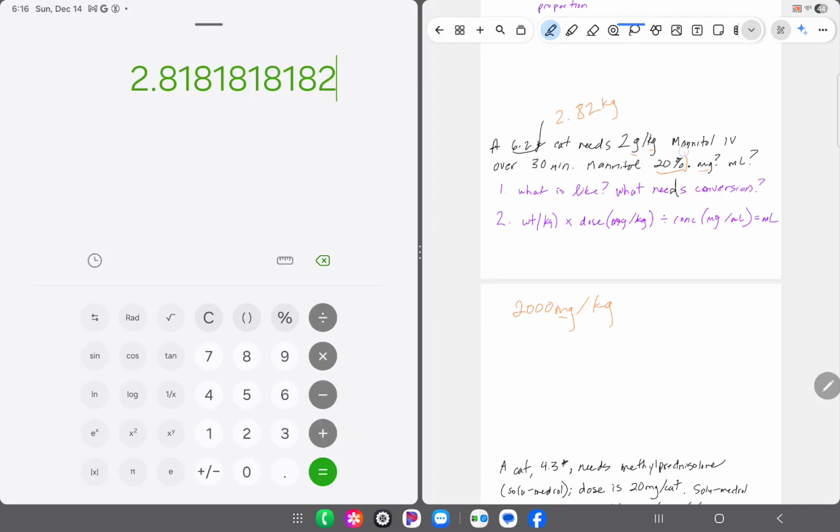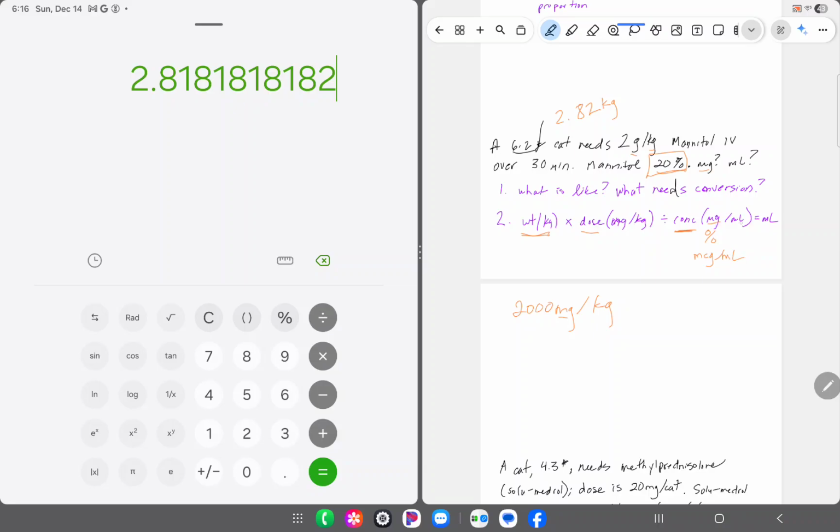But what is this? What is this hot mess? 20%? Well, percent is always the same as a concentration. So anytime you have weight times dose divided by concentration, your concentration can be a percent. It can be a microgram per mil.